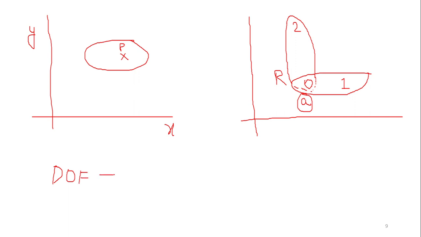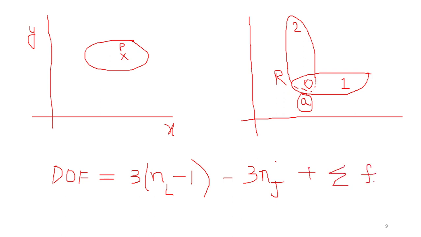So degree of freedom is 3 times (NL minus 1), that is number of links minus 1, minus 3 times Nj, plus sigma Fi, that is degree of freedom of each joint, where i runs from 1 to Nj. Okay, this is the formula for degree of freedom for a spatial mechanism.